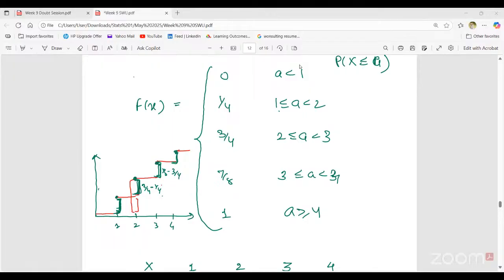Ma'am, there is no CDF question in the graded assignment. CDF is not in week 9. CDF is in week 9 itself, no? Yes, probability mass function is in week 9.